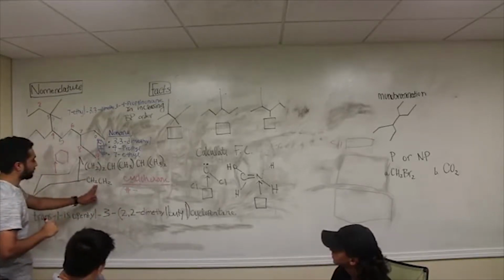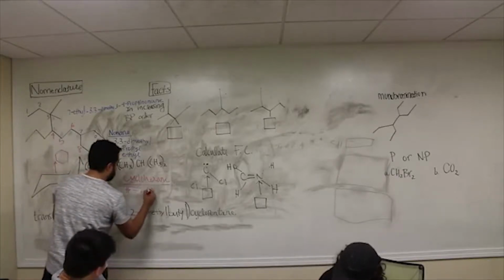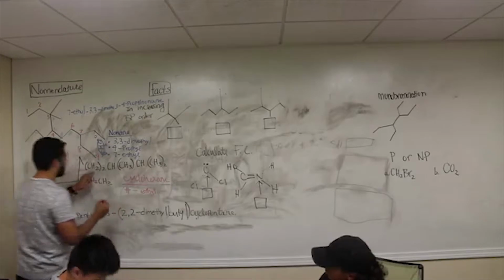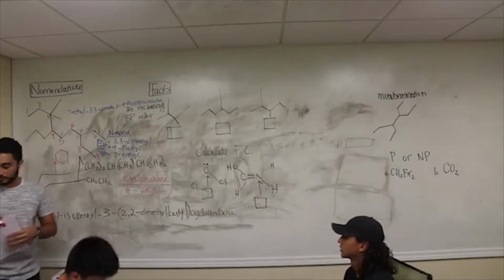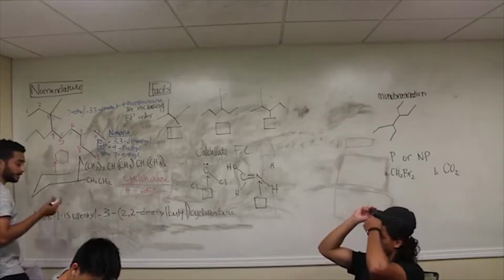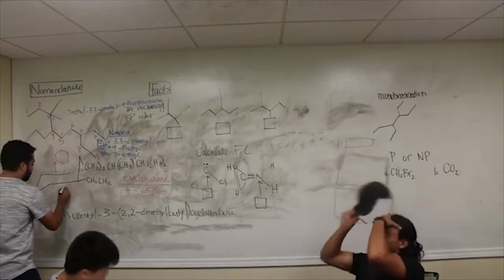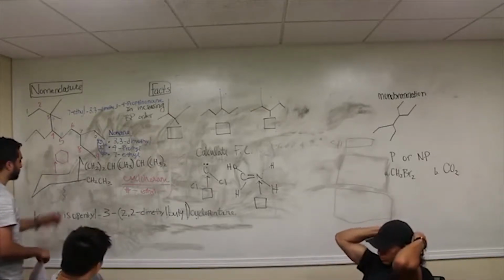So what is this group called? Ethyl. Okay, good. And you might not know what this group is just by looking at it. So what's a good thing to do in this case before we start? Line diagram. Yeah, if you do it in line angle, that's going to help you a lot. And once you're doing this, if you draw a squiggly line like this, it'll be easier to see what you're working with. So how many CH2s are there?